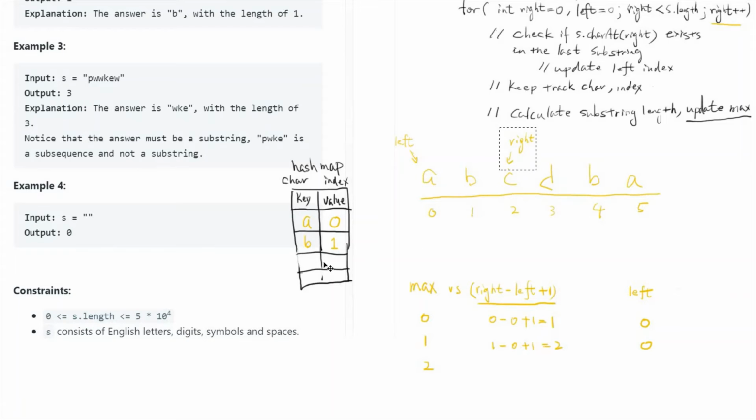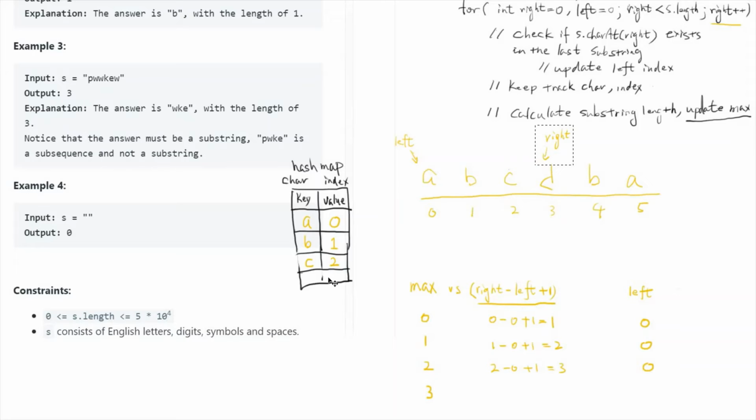C is not in the Hashmap, so we add C in the Hashmap. And here the length of the substring is 2 minus 0 plus 1. It gives you 3. And the left remains at 0. So we update the max with 3. Then we move right again.